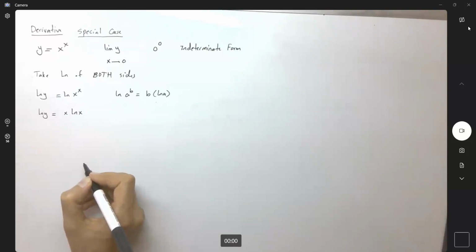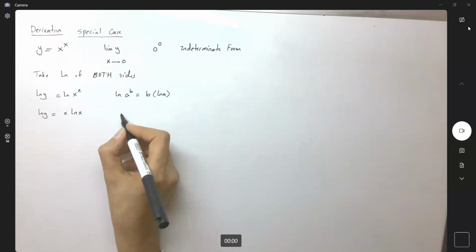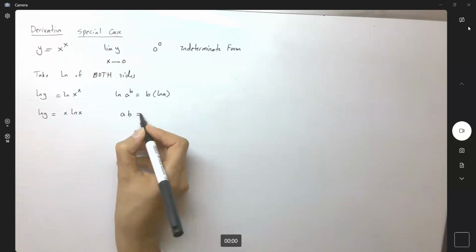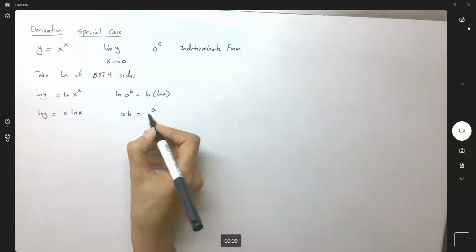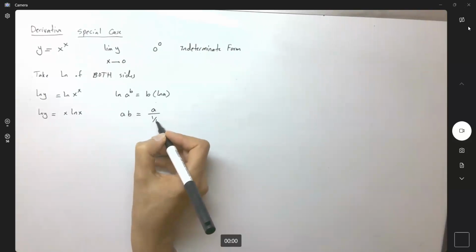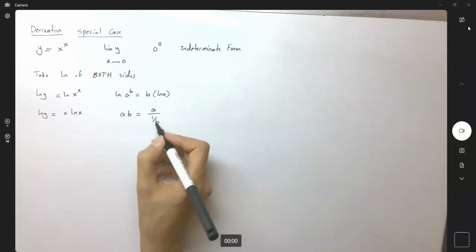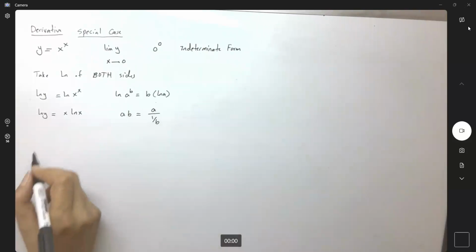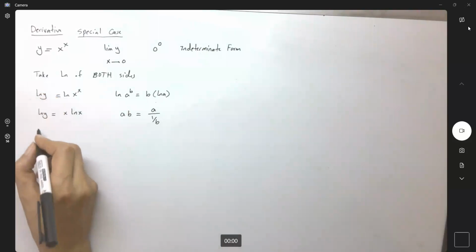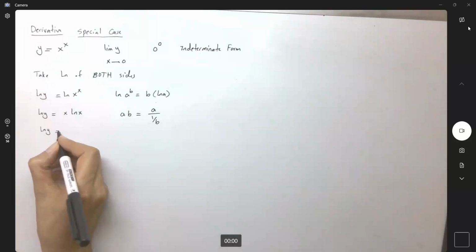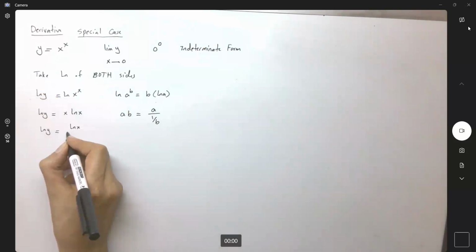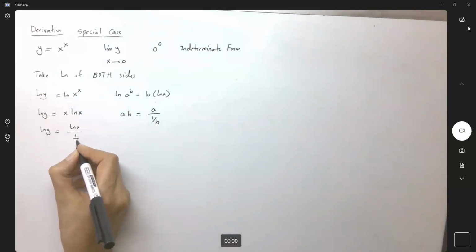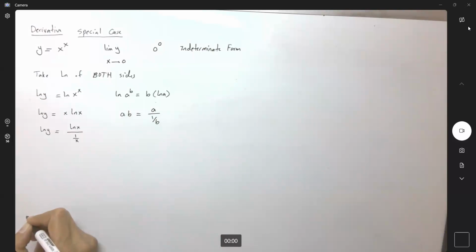Now let us do a little bit of algebra. Remember that if you have a times b, you can, for example, write it as a divided by 1 over b. You can flip this and you get the exact same multiplication back. But for the sake of this problem, we're going to write ln of y as ln of x divided by 1 over x. Why?